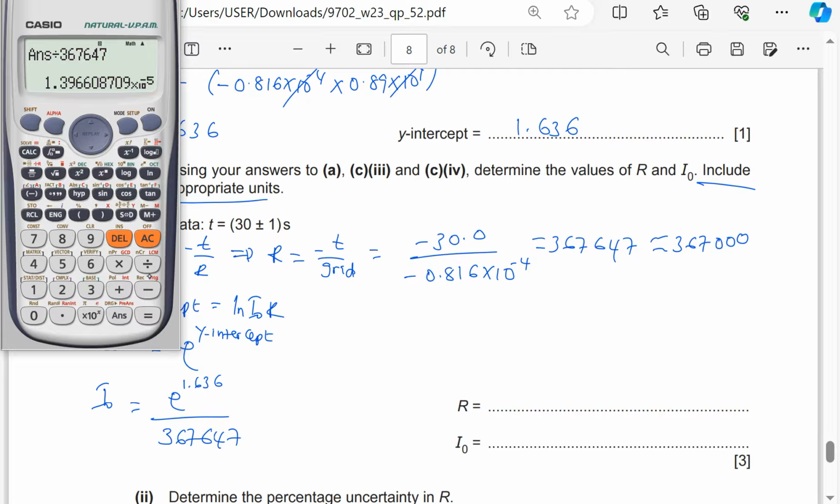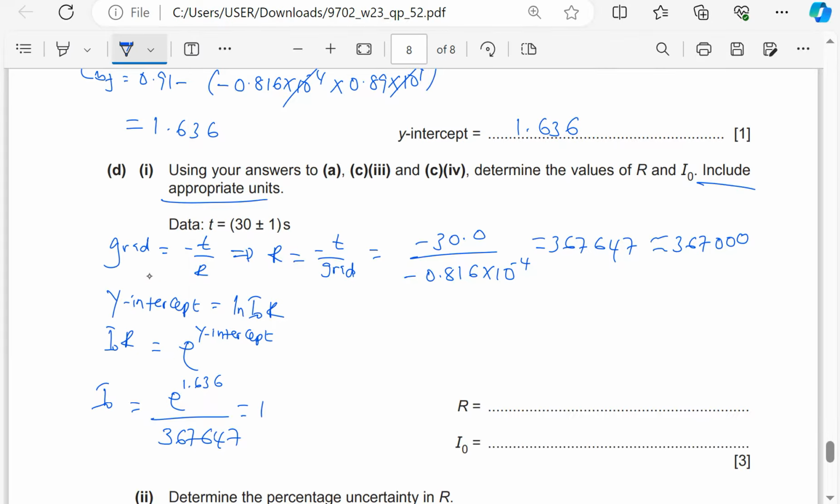That's 1.397 times 10 to the power of minus 5.